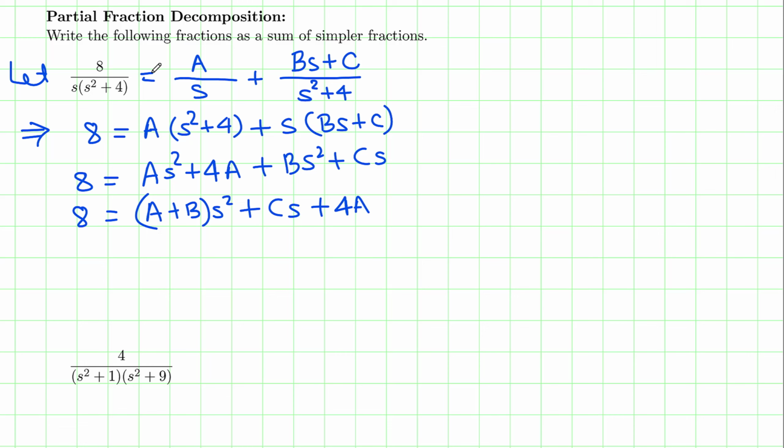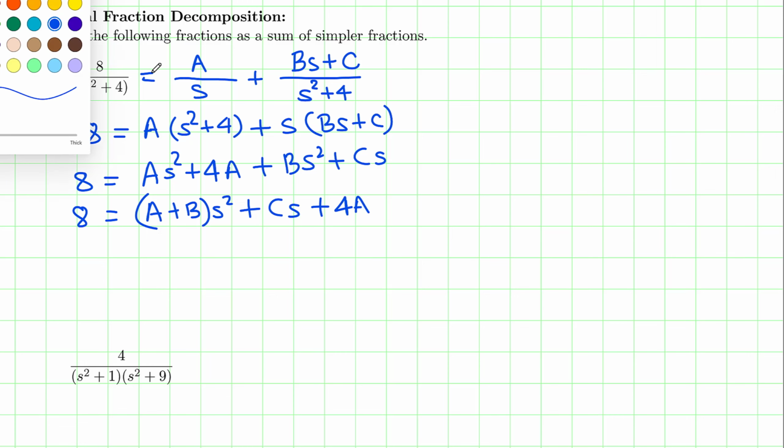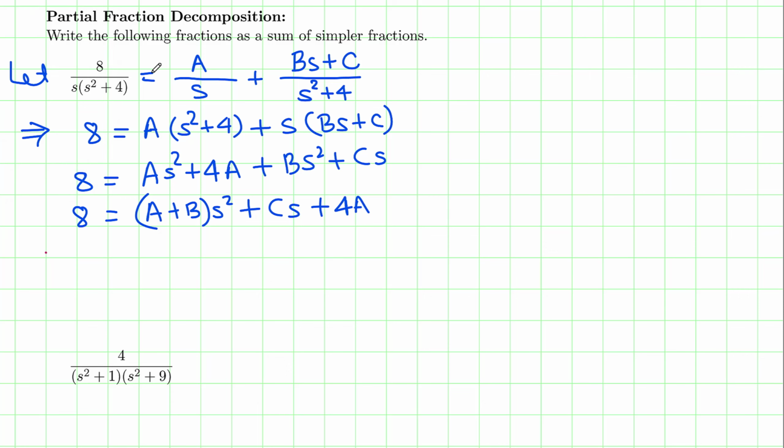On the left side we got only 8, which is a constant, so we can always add 0 times s and 0 times s squared, just to match. That means a plus b must be equal to 0 because there is no s squared term on the left side, and c must be 0, and 4a is 8.